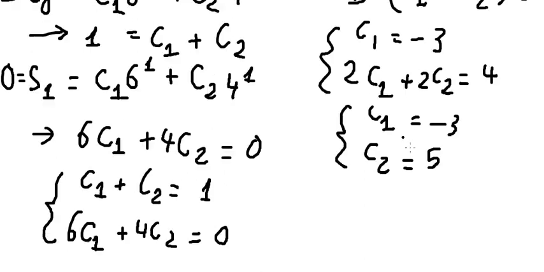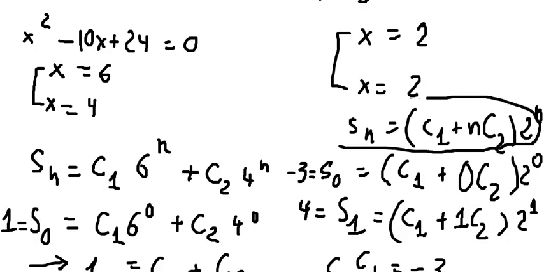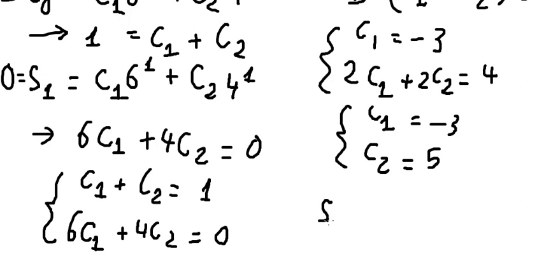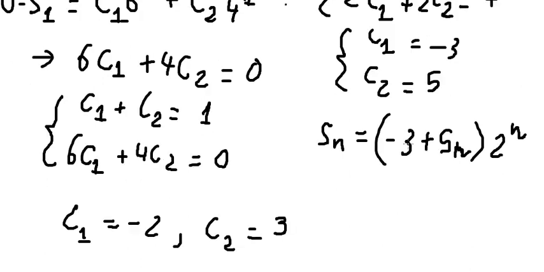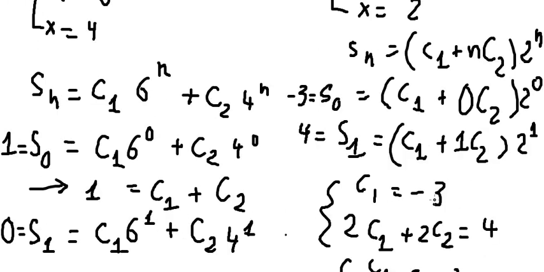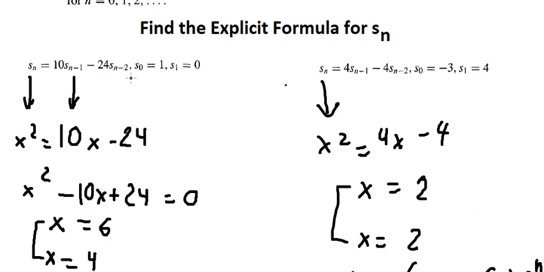So I will put this one back in here, and n is greater than or equal to number 0. And this is the final answer for the sequence in here.